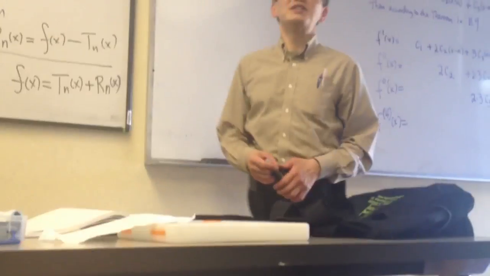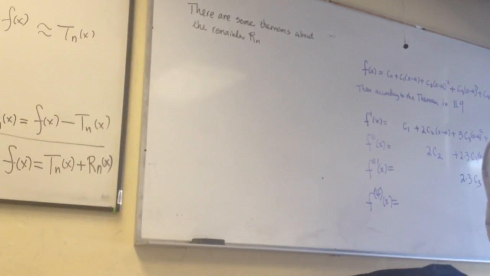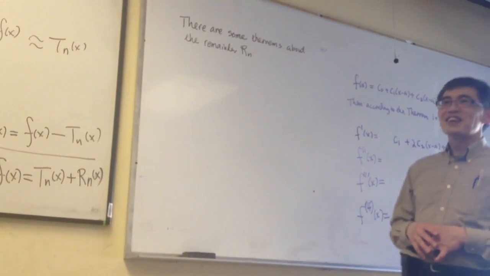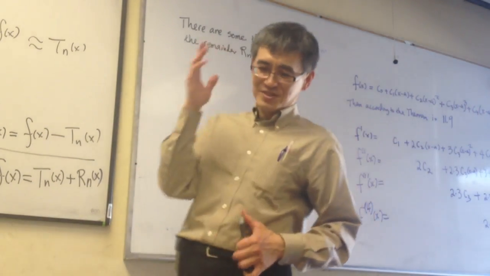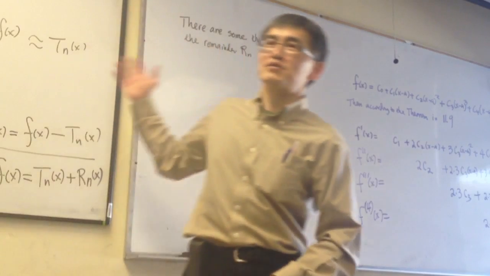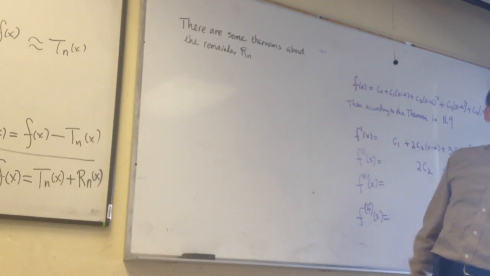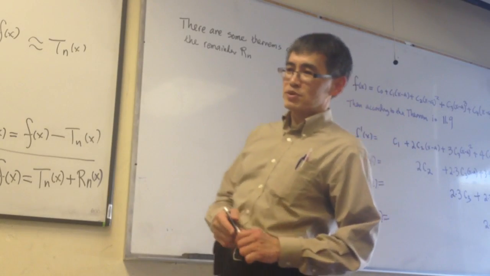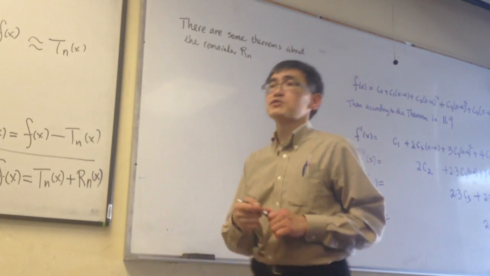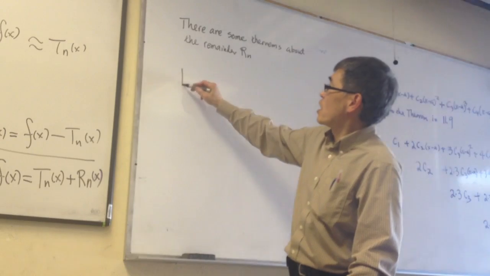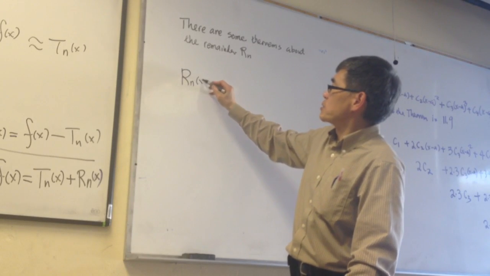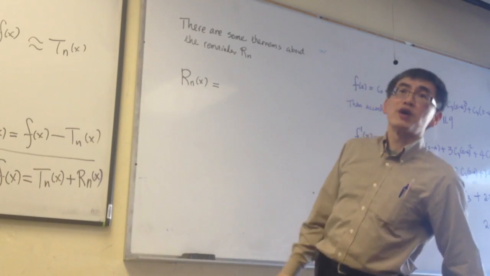And I announced Derek Smith's informal reading class at the beginning of the semester. They're reading a book, and recently they're talking about this remainder thing. So there's a well-known result: under certain circumstances, this Rn can be represented in the following way.